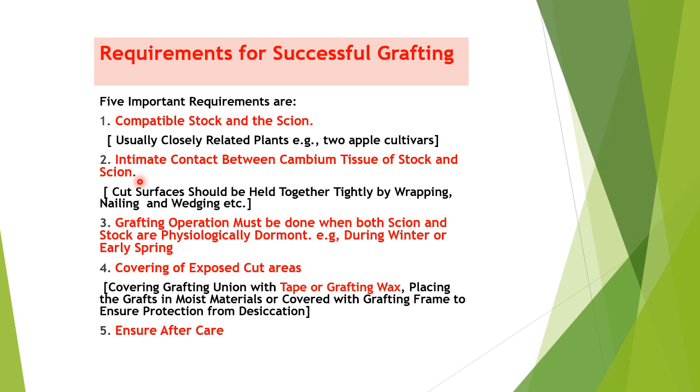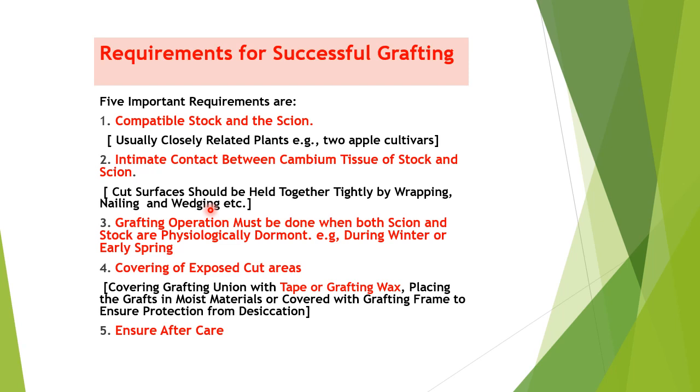It is important for grafting, because of this cambium there is contact between the scion and the stock. Whenever you make an intimate contact, the cut surface should be held together tightly by wrapping, nailing and wedging, which we will see in other methods also.